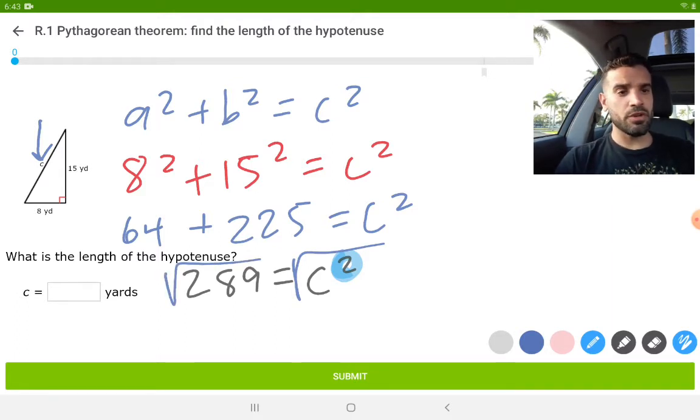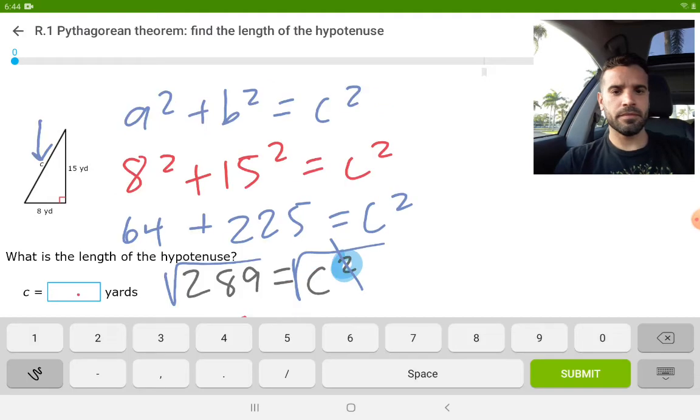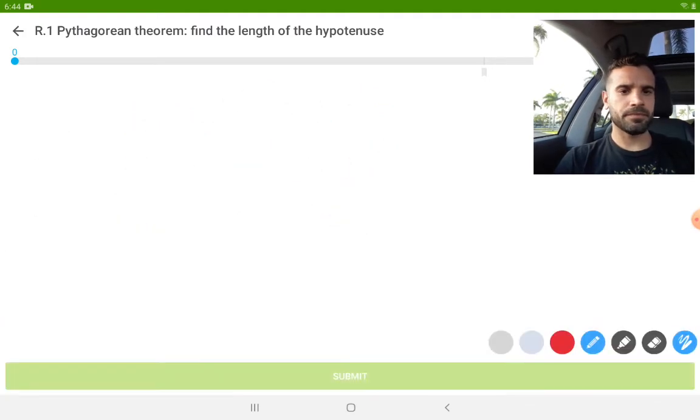Once you do the square root of c squared, you get rid of that square. And then you have to just find the square root of 289. And that, boys and girls, is going to be 17. So 17 is equal to c. All right, plug that in. Move on to the next one.